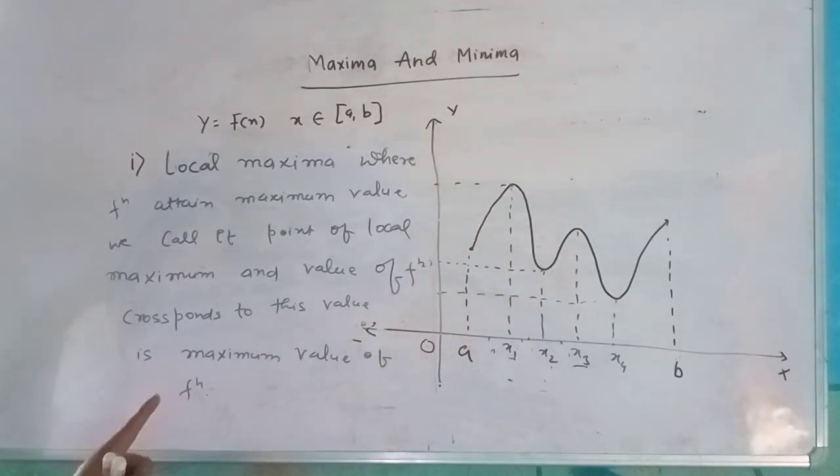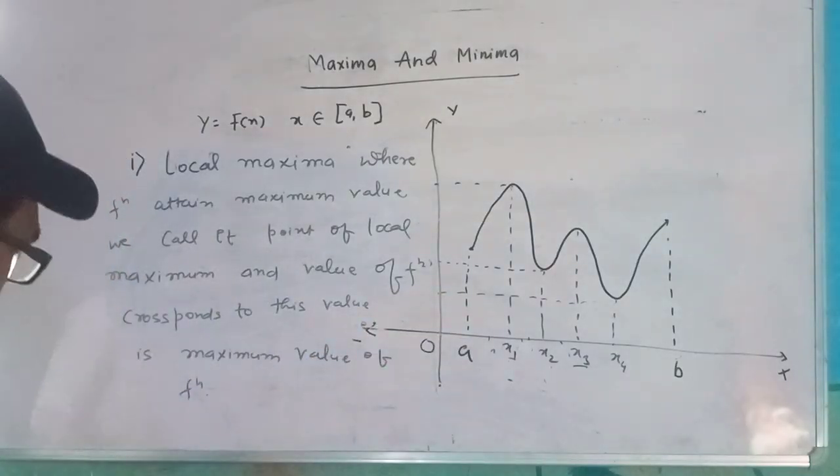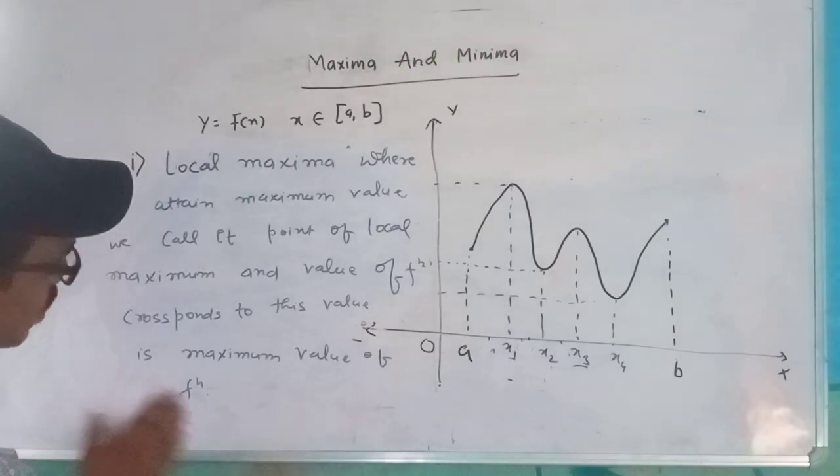Now we will approach this graph from the slope point of view. What is actually happening with the slope?